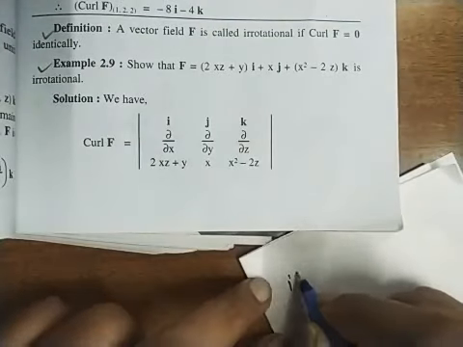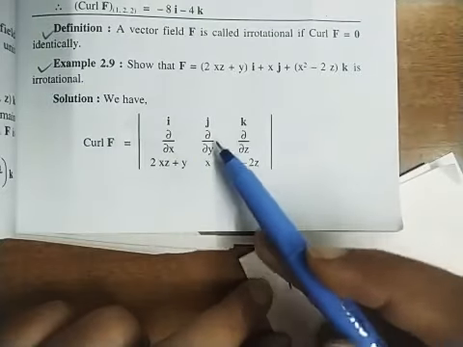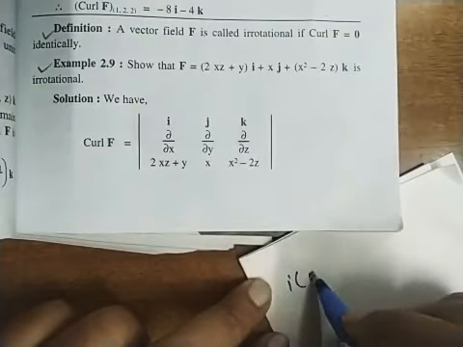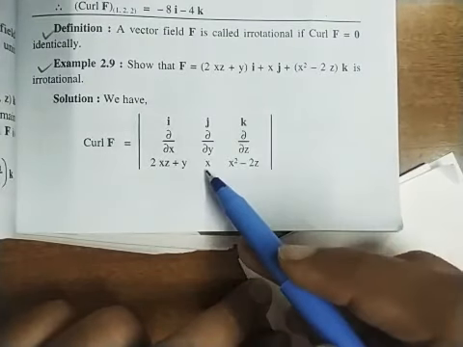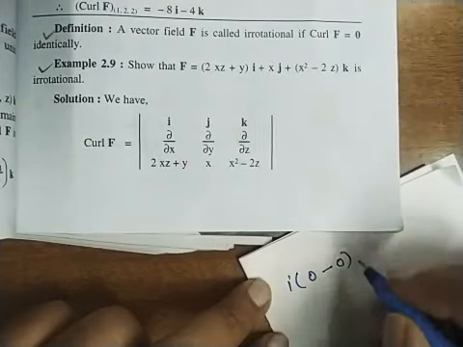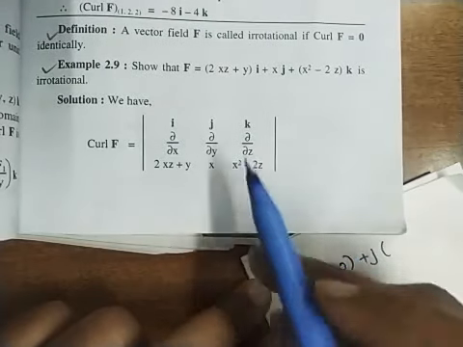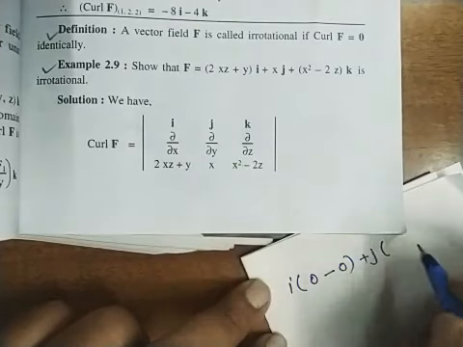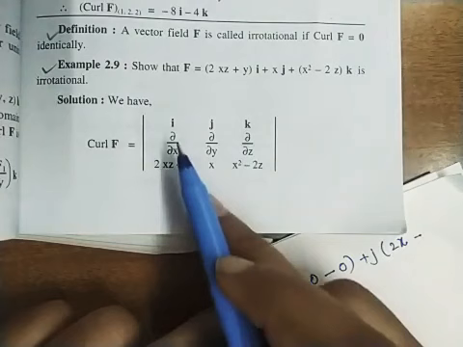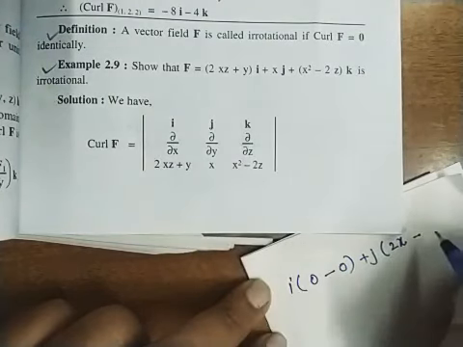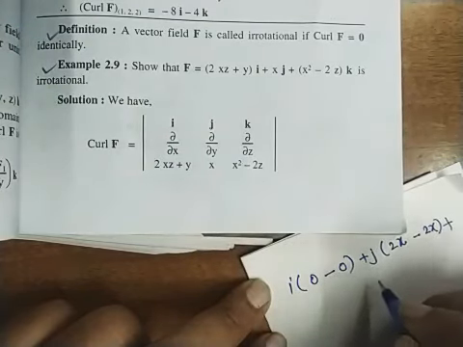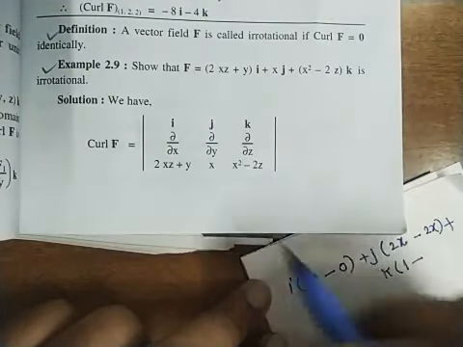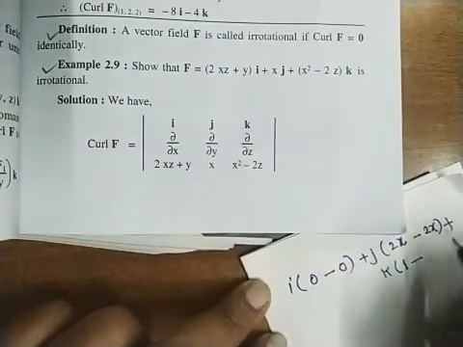So let us solve it. Here i times dabba dabba y of x square minus 2z, that will be 0 because there is no y term, minus dabba dabba z of x, that will be 0, plus j times dabba dabba z of 2xz plus y, that will be 2x, minus dabba dabba x of x square minus 2z, that will be 2x, plus k times dabba dabba x of x, which is 1, minus dabba dabba y of 2xz plus y, which is 1.